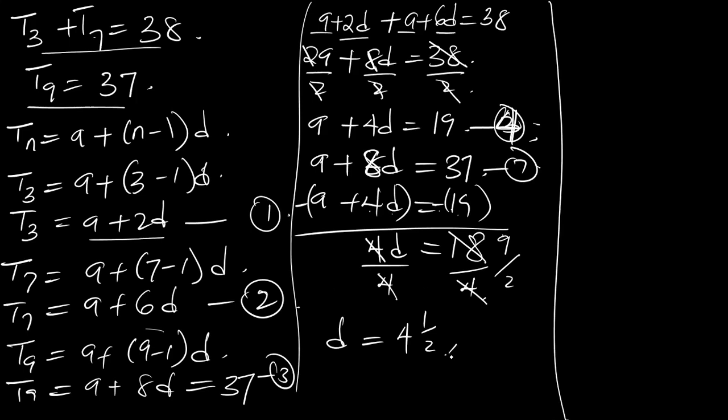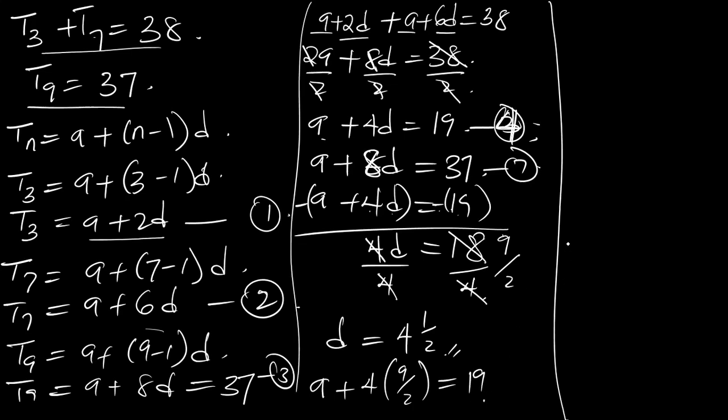Now, if you use this common difference, you substitute it into this equation 4. So you are going to have a plus 4 times 9 all over 2, because d is equal to 9 all over 2, which is 4 1 over 2, equal to 19.